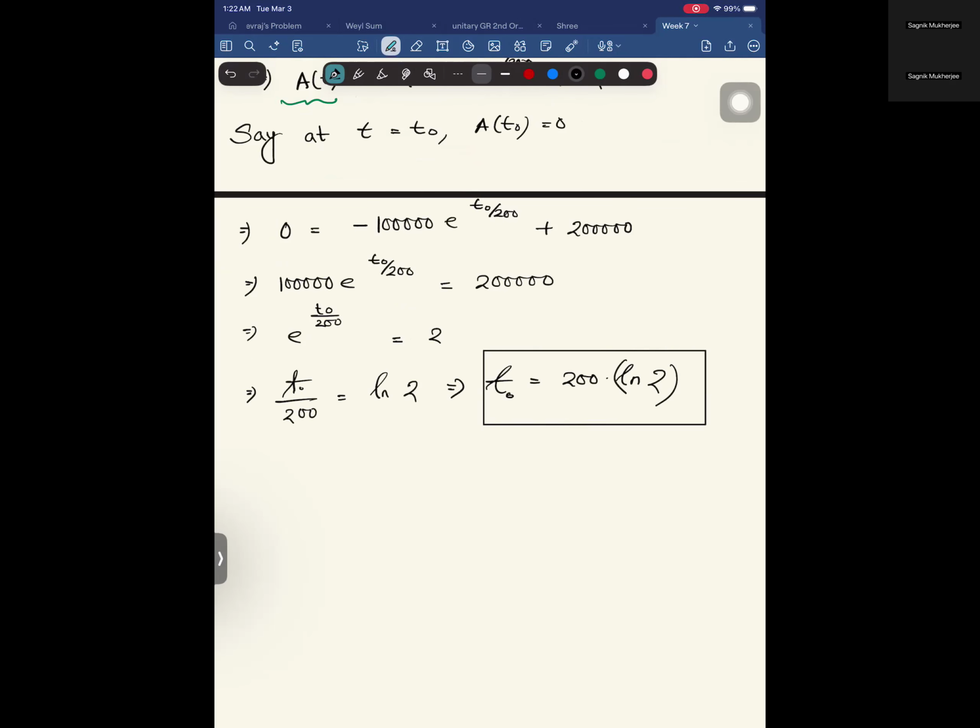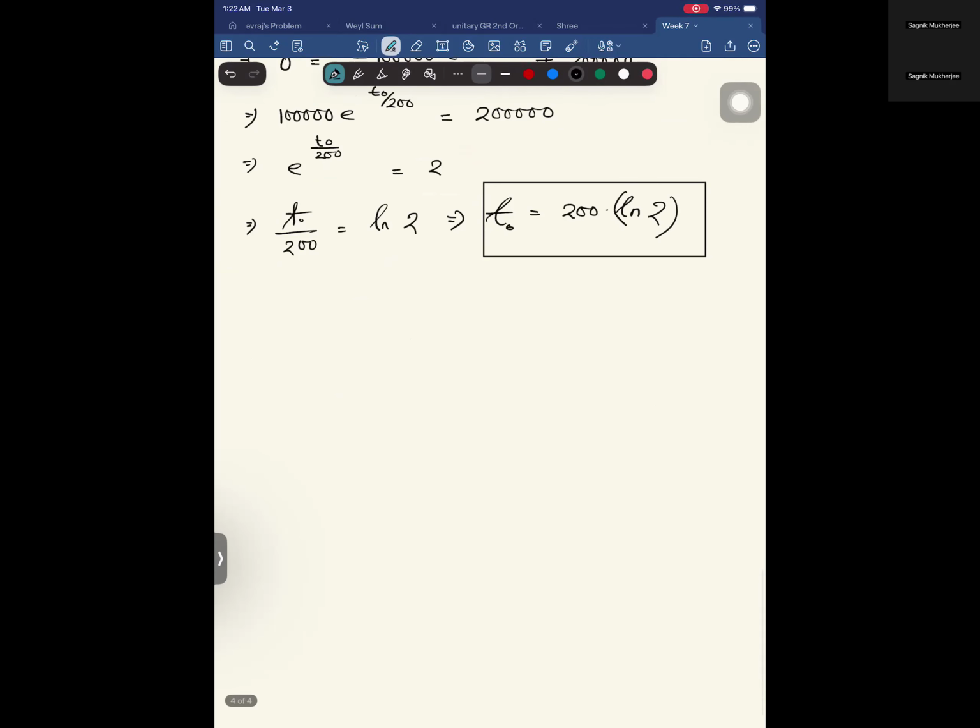So in 20 times log 2 years, A(t) will become 0. That's it.